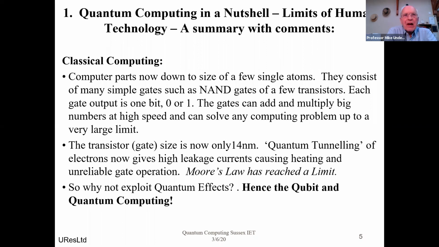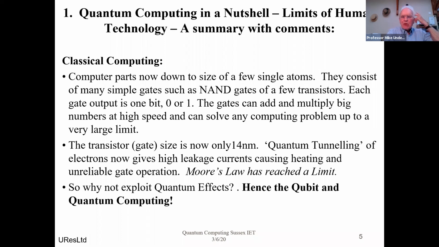So it's a quantum effect which is actually holding up Moore's law, holding up any further improvement in the performance of computers. Basically, one effect is that it now gives high leakage currents, which causes heating. It also gives unreliable gate operation. So that really does mean that in terms of the normal classical computer, Moore's law really has reached the limit. So that's where the message comes.